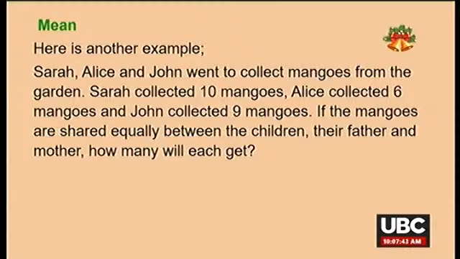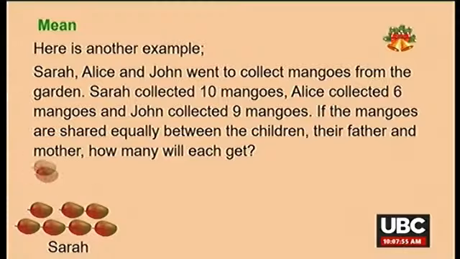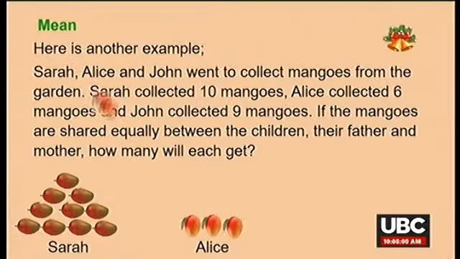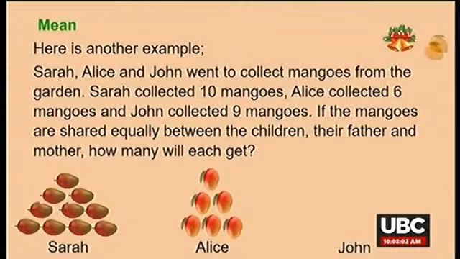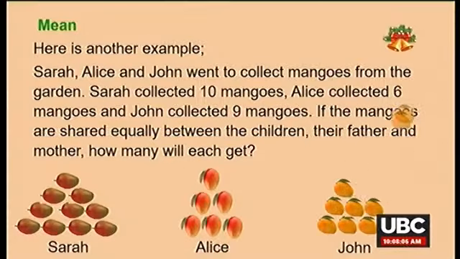Let's take another example. The example is shared on your screen. Sarah, Alice, and John went to collect mangoes from the garden. Sarah collected 10 mangoes, Alice collected 6 mangoes, and John collected 9 mangoes.